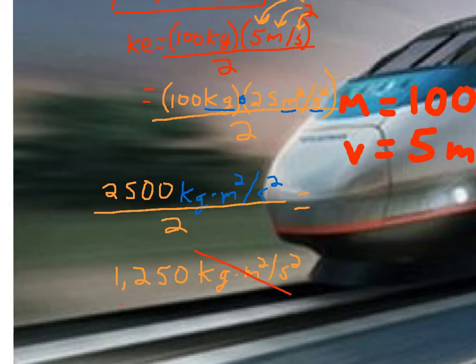Any guesses? How about 1,250 joules? A kilogram times meter squared per second squared is the same thing as a joule, and so we just write it as a joule.